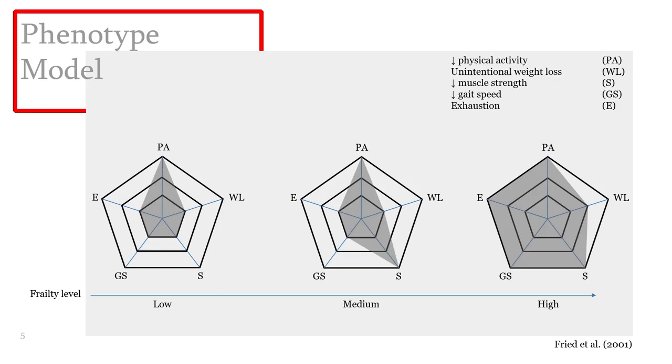For example, the pentagon on the left represents that the person is recognized with one frailty characteristic, which is low physical activity level. In this case, we could classify that the person might possibly have a low frailty level.